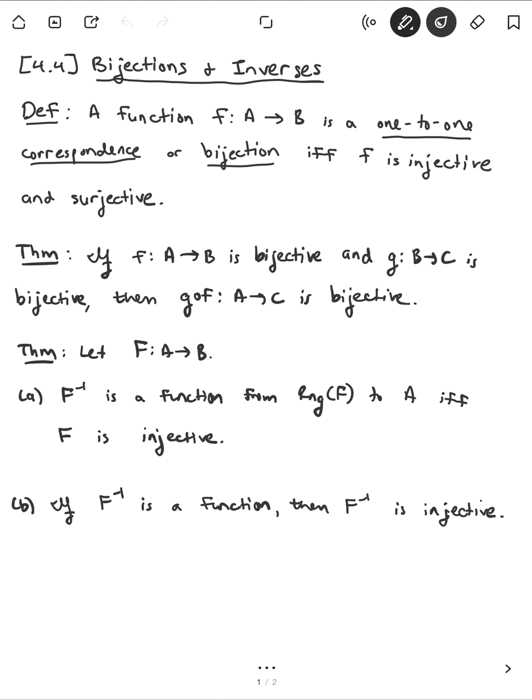So first we're going to assume that f inverse is a function from the range of f to A. Need to show f is injective. And how do we show that? Assume f of x equals f of y, both equal z.